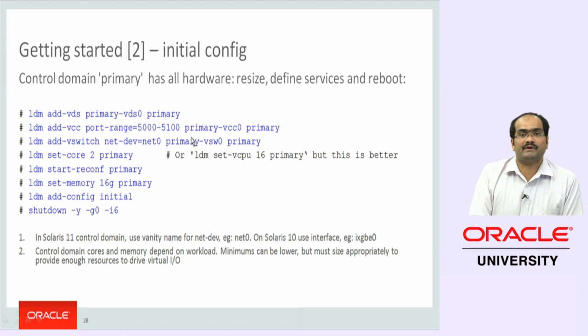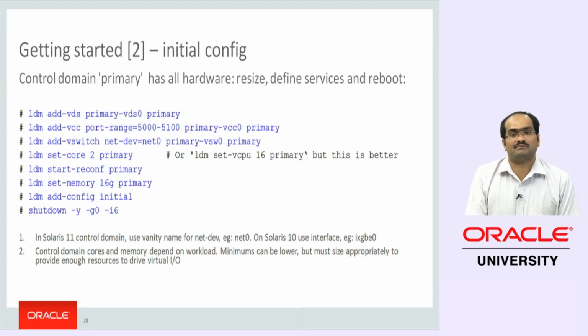So these consoles will be created from these ports, and our VCC service name is primary-vcc0. It could be anything, there is no limitation on the naming format, but for ease we are creating it this way, and assigning it to the primary domain.